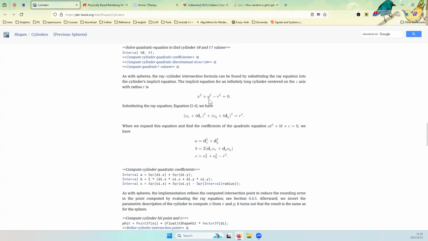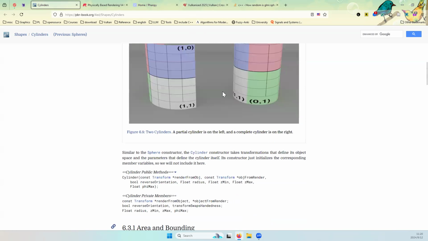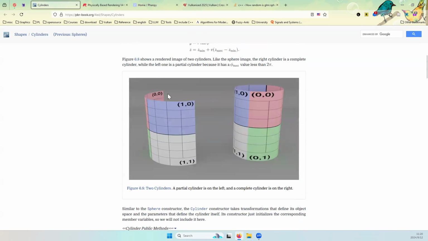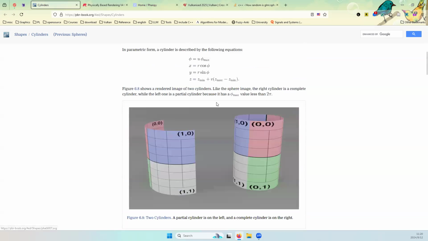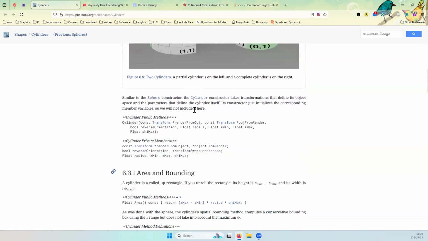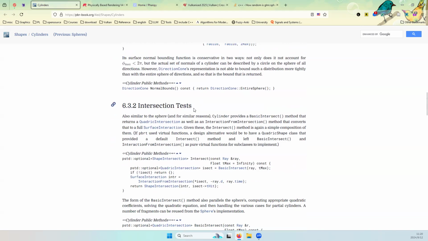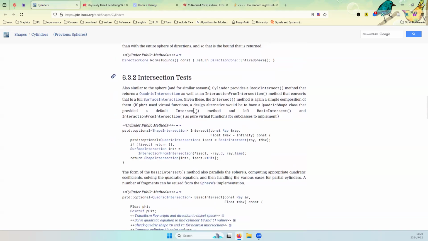X squared plus Y squared minus R squared. Yeah, that sounds right. But this does not have the top. They probably just don't have a top, the cylinder only has sides. I don't know. Maybe that was just a goof in the printing.